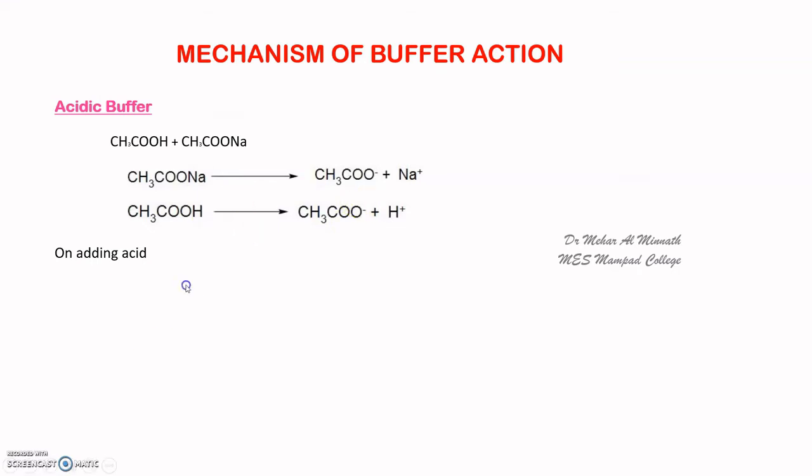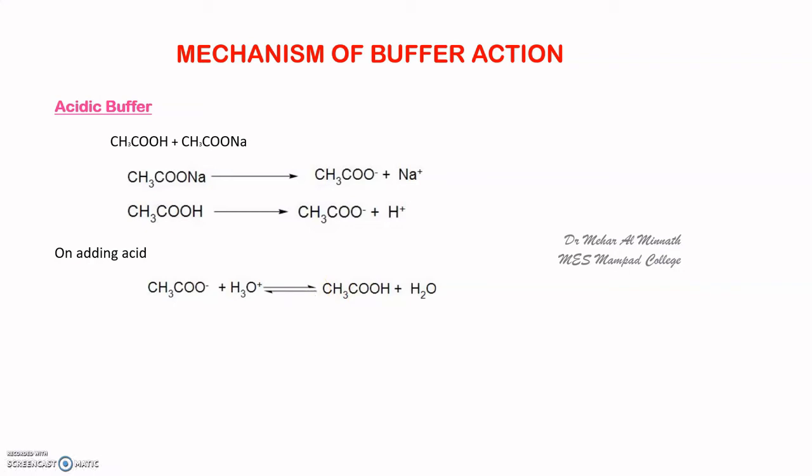So when we add acid, what happens? It will combine with the acetate ion to form acetic acid. Now remember, acetic acid is a weak acid, so it will not ionize. So on adding acid, the H plus ions are trapped.